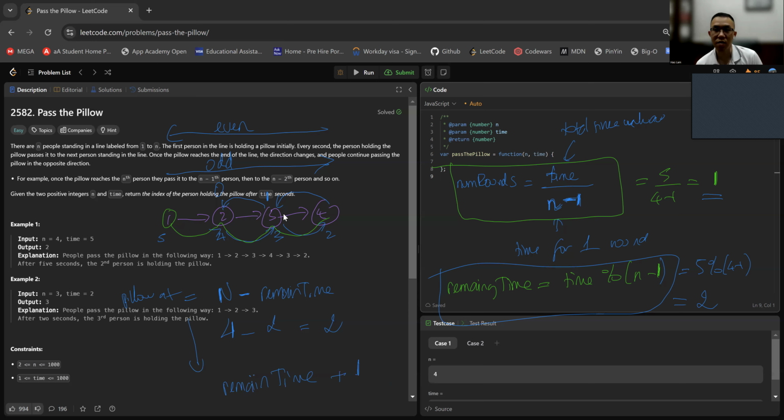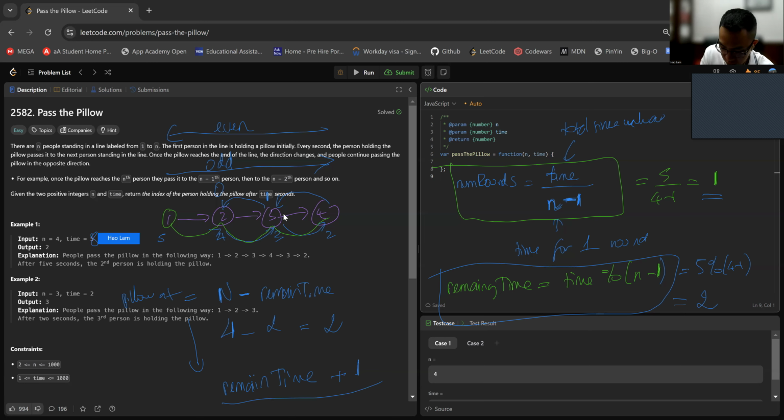Right. Because mod is zero-based, so we never get to that number if we use mod. So we just have to plus 1, right? If we are going from right to left, then the pillow is always at the remaining time plus 1. Let's say we have 8 seconds here.